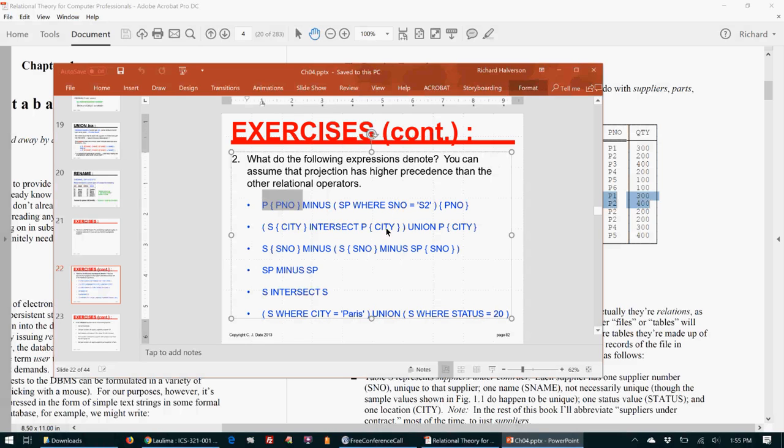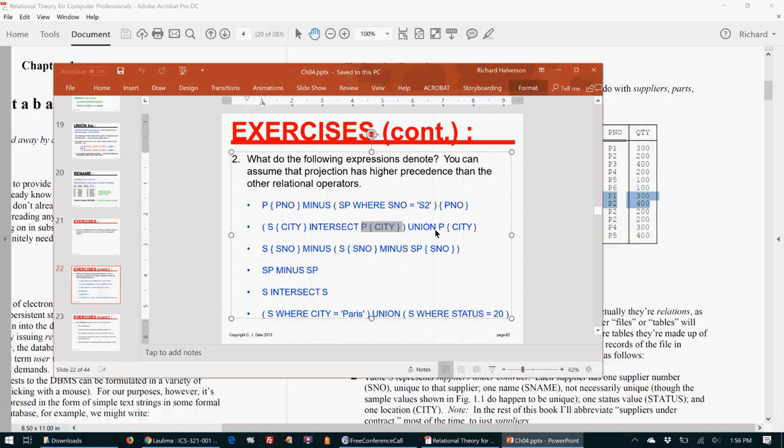So this one, parentheses, first we figure out this, and then we union it with this. By gosh, this better produce just a column of cities. And it does, because it takes the cities out of suppliers and takes the cities out of parts, and it takes the intersection of them, so it's the cities that are common in both.